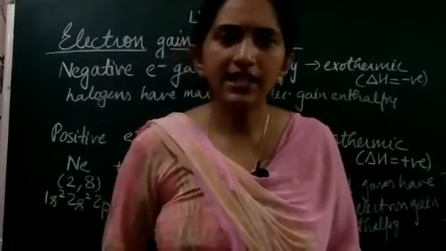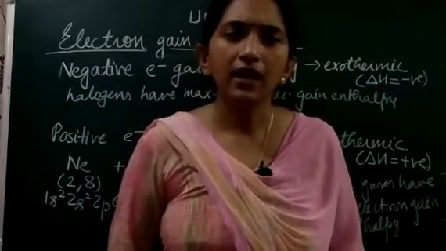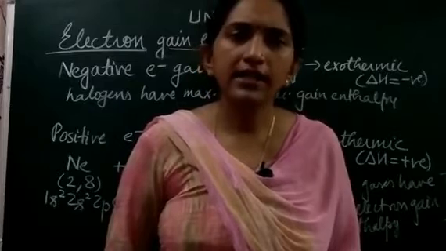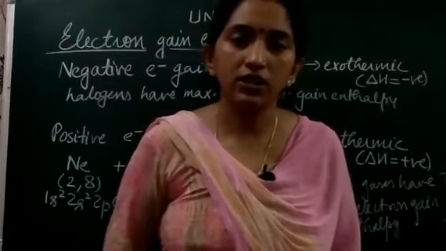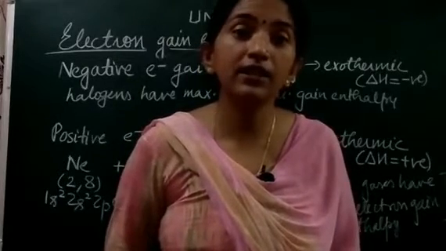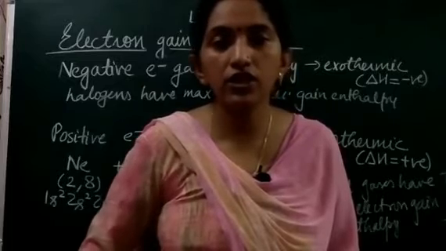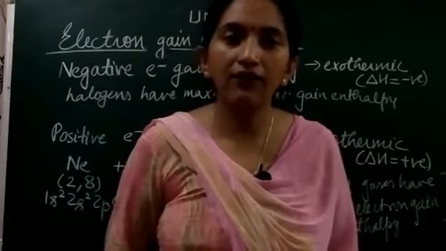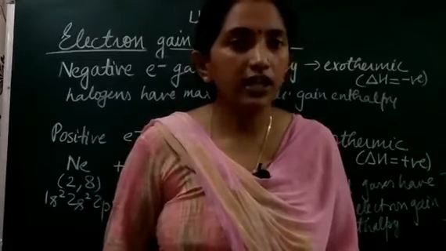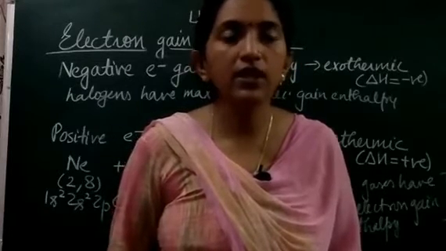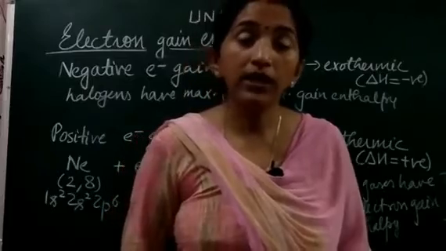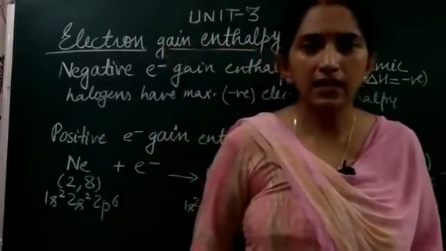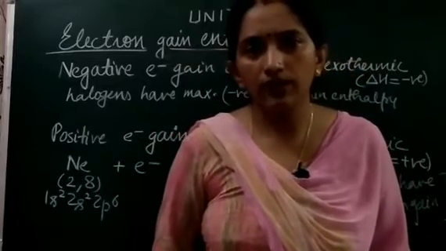When we say the tendency, it means that if by accepting that electron it gains a stable configuration, it will eagerly accept the electron and change into the negative ion. As a result, it will have negative electron gain enthalpy. The energy will be released.